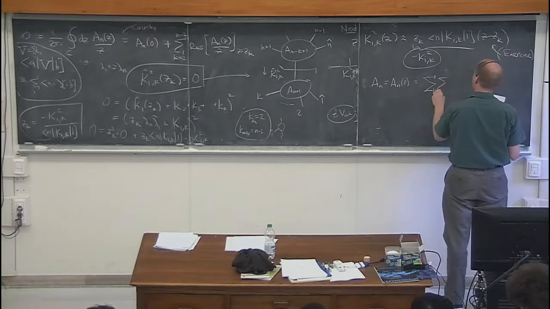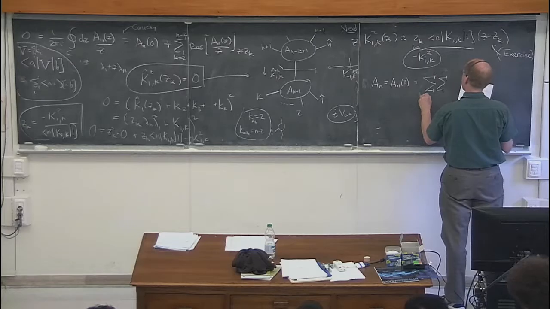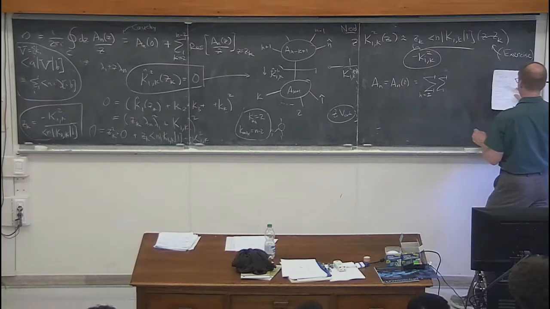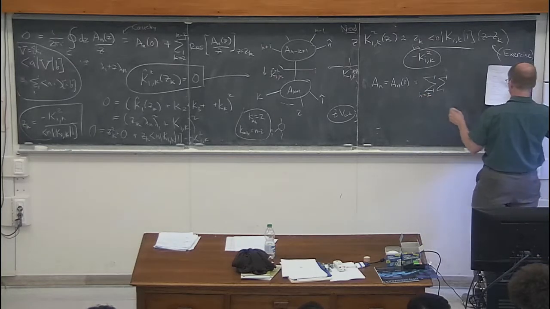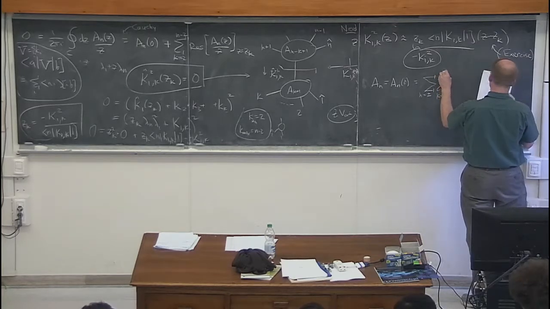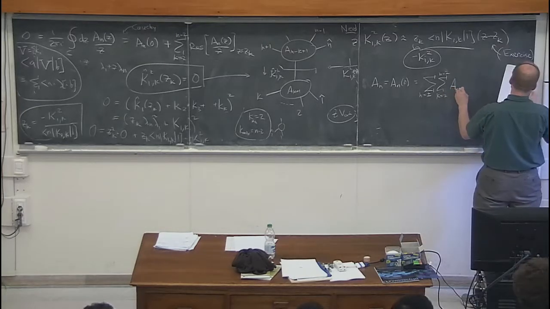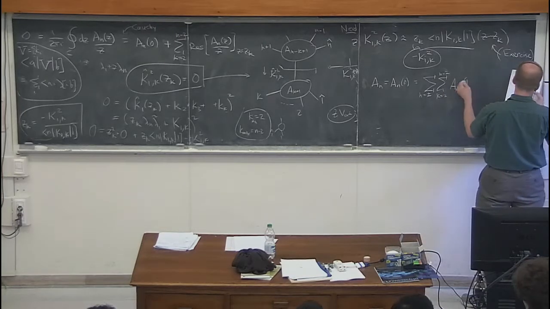and there's a double sum. One sum is just the possible helicities for massless particles, plus or minus. Then there's this sum over k that we just talked about. And then there's the factorization formula into two amplitudes.